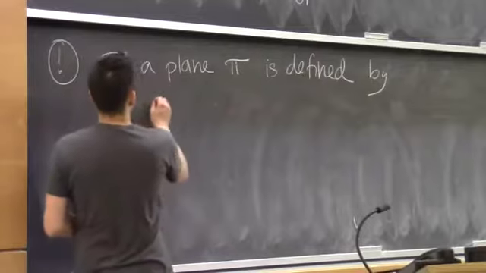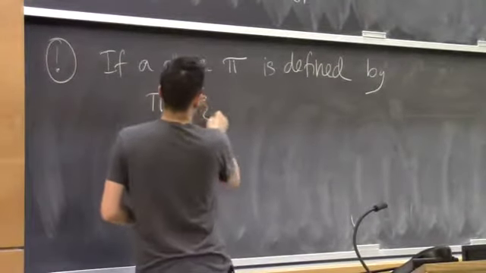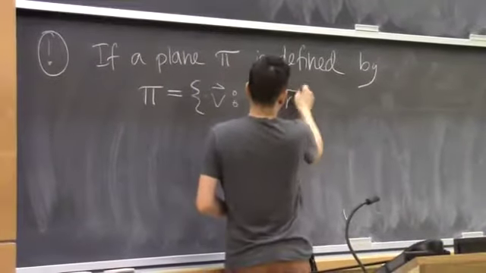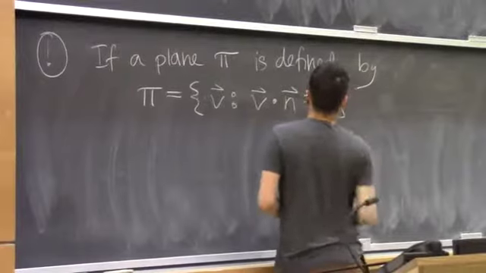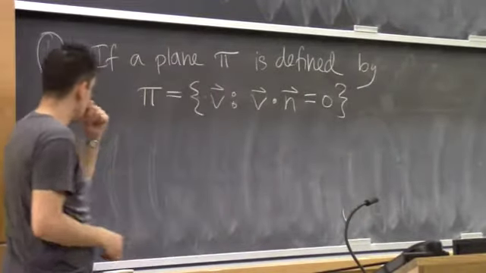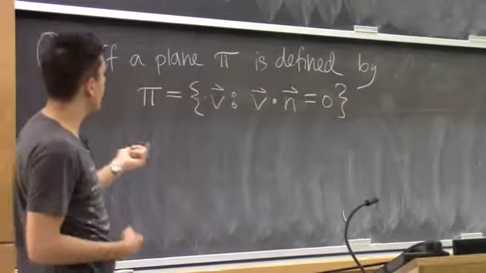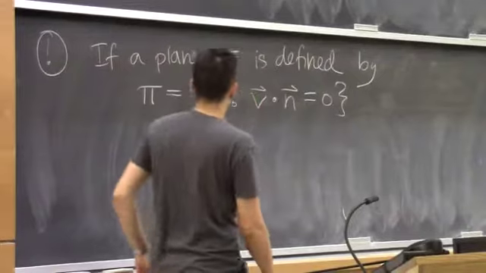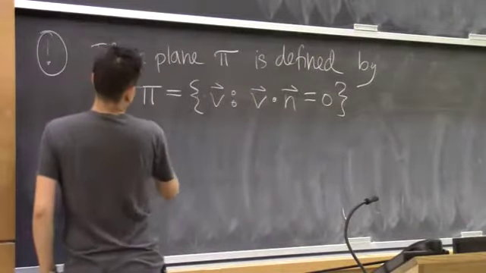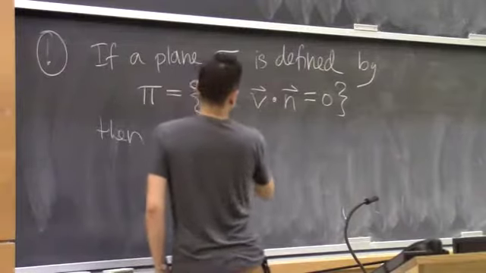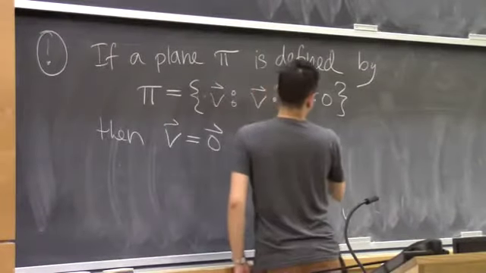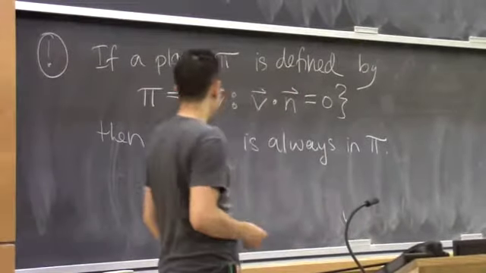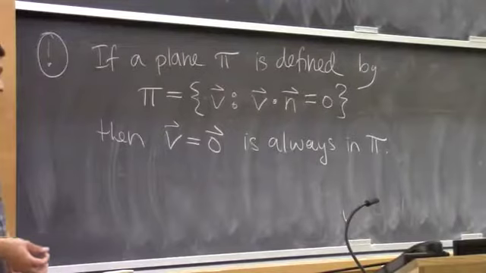So if a plane is defined by this, right? So if it's defined by the set of vectors orthogonal to n, then the 0 vector is always in our plane, right?